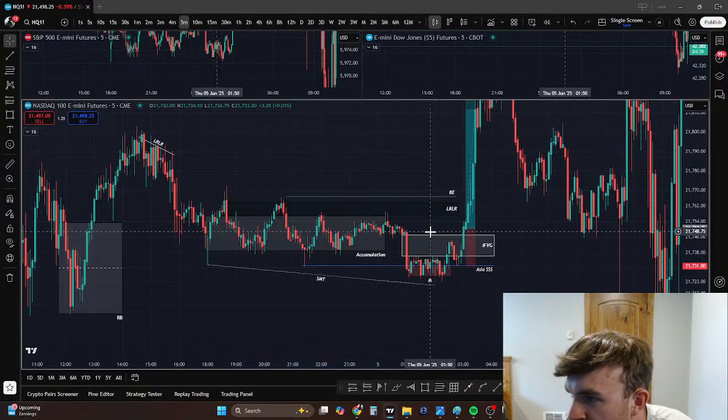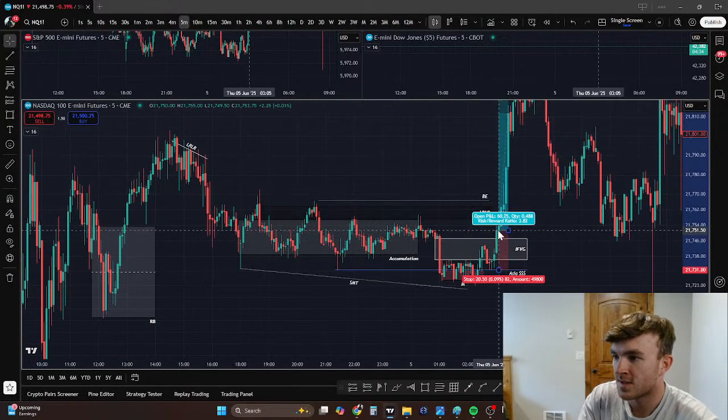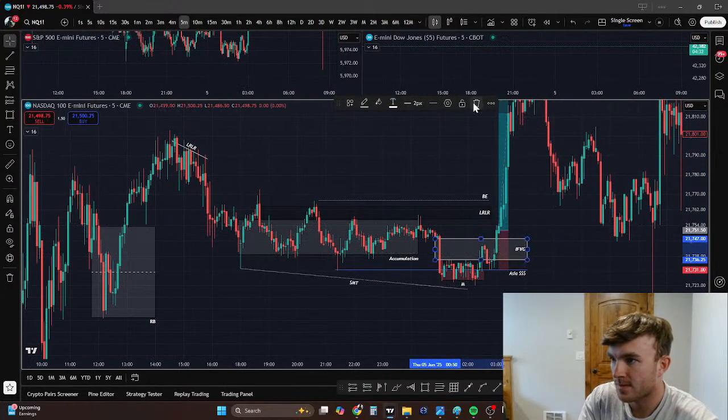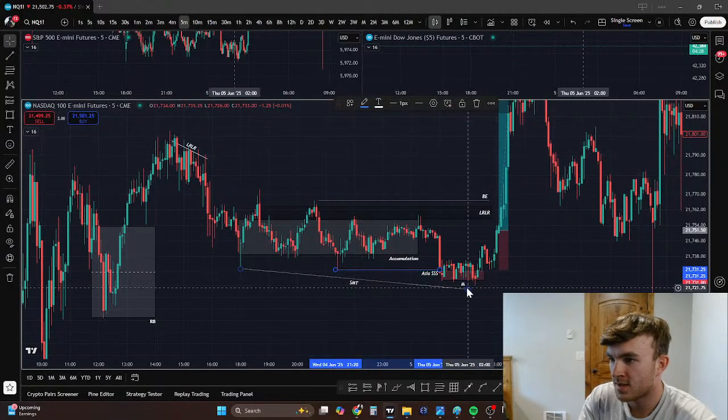Five-minute change of state delivery. So this could also be taken as a flow state. So for instance, Asia gets swept, SMT.